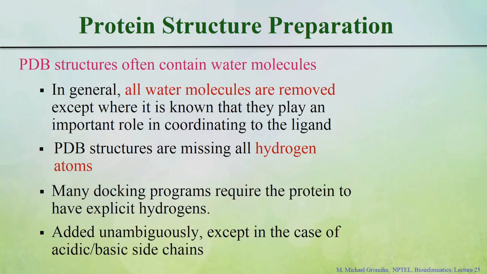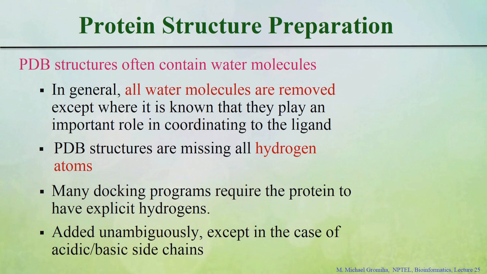Second, the water molecules. Sometimes they put a lot of water molecules to crystallize and solve the structures. In protein preparation, if the water molecules are important, we keep them. If the water molecules are not important for the ligand to interact, then we can remove them.